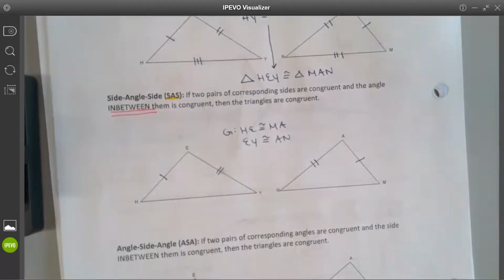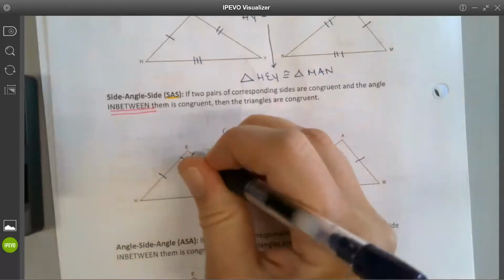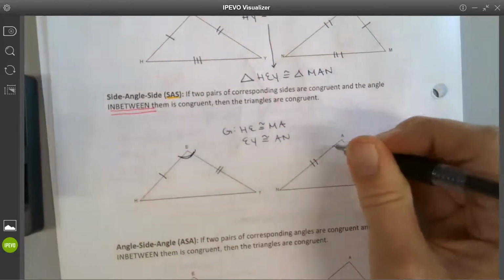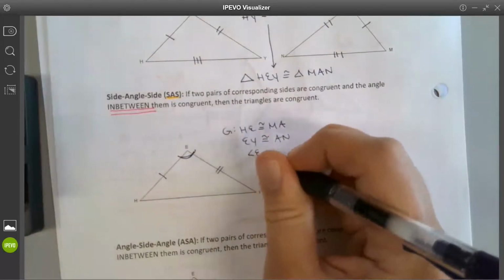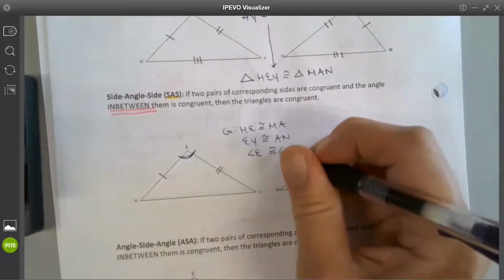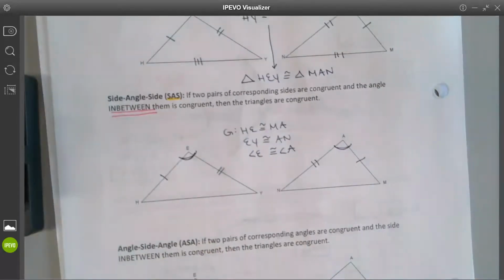If I knew those two sides, the angle I would want would be the one between those two sides. If I was also given that angle E is congruent to angle A, only then would I have side, angle, side. If it was a different angle, if it was this angle or this angle, it wouldn't be the same.